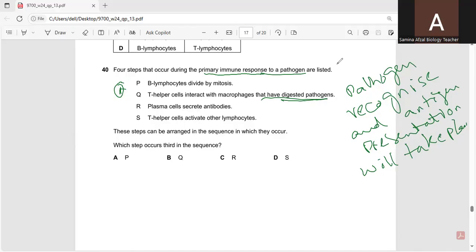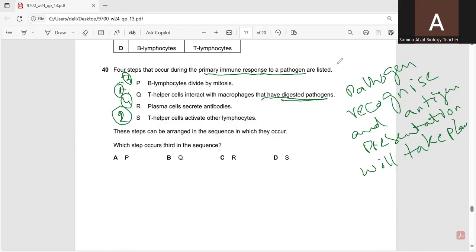The activated T helper cells then play a central role in coordinating the immune response by activating other lymphocytes. So second, there will be the activation of the other lymphocytes, and then they stimulate the B lymphocytes to divide by mitosis. So the third step is P, and then the fourth step, plasma cells will start secreting the antibodies. So this is the fourth step.